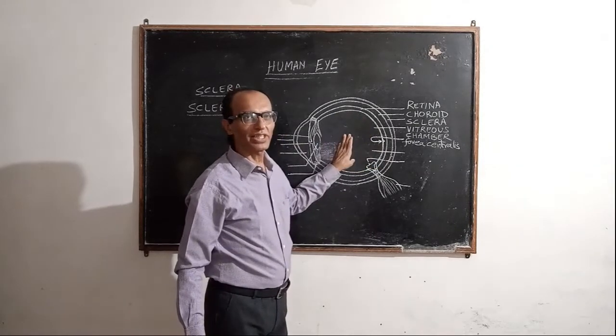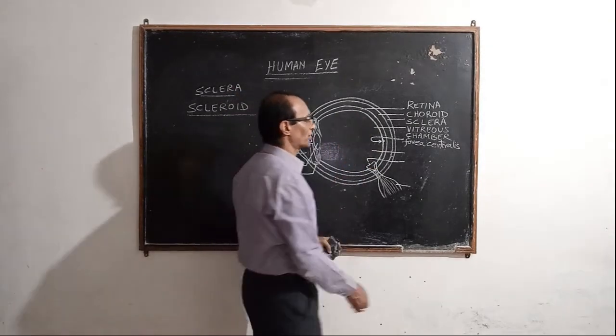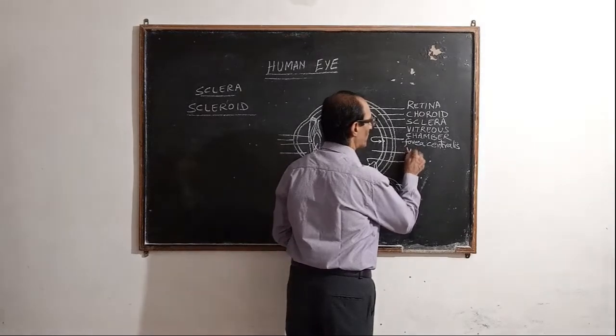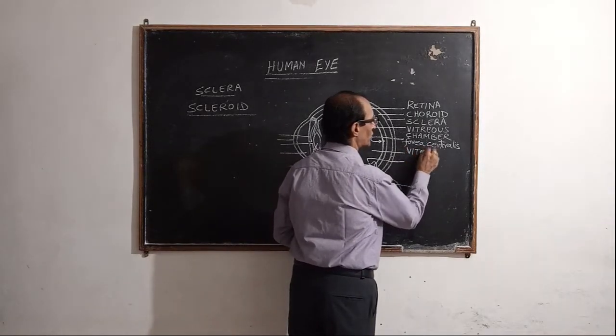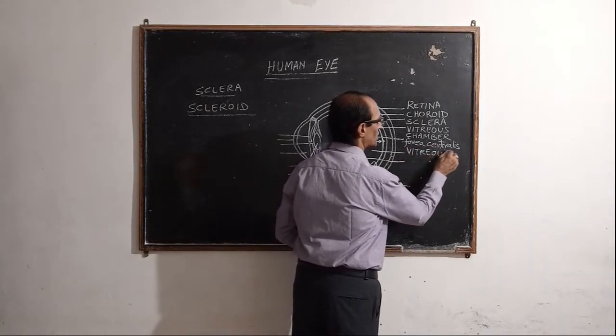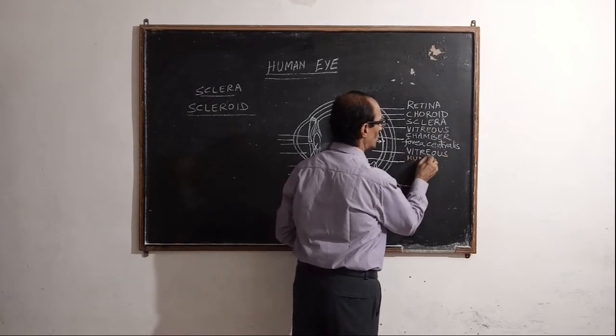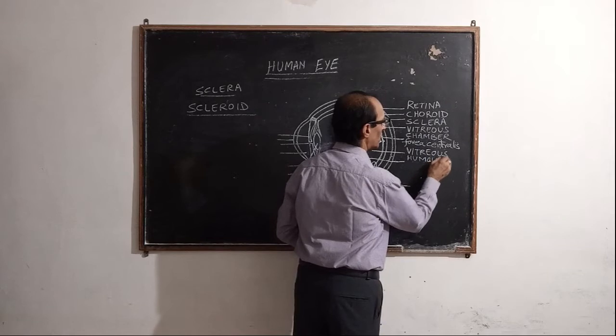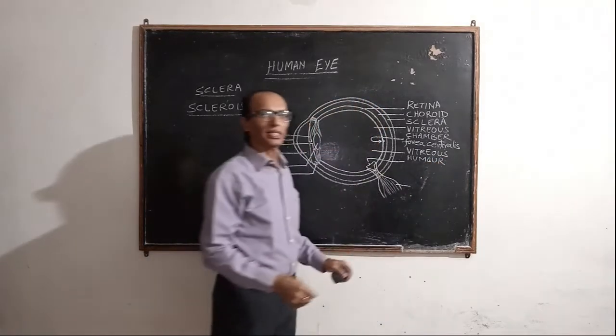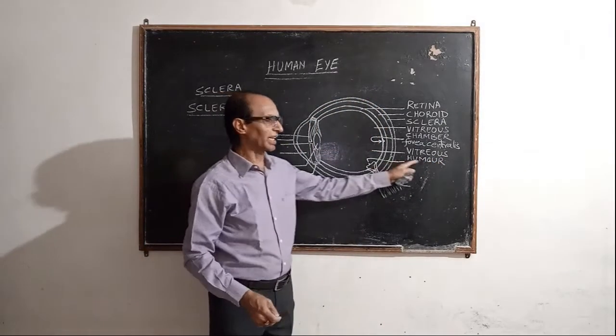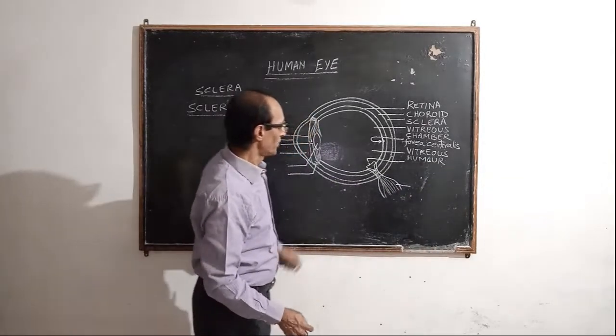We said that it is a jelly-like material which is called vitreous humor. This is vitreous humor. Same spelling for vitreous, and humor, H-U-M-O-U-R. Mind it that some other English books will write it H-U-M-O-R, humor.